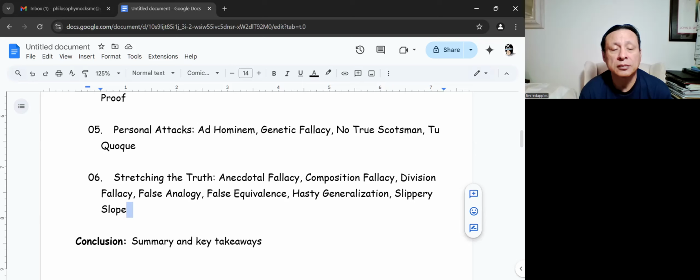False analogy. Let me say something about false analogy. People tend to think that analogies are arguments. They're not. There's such a thing as arguing by analogy, but analogies are not arguments. They are not evidence for anything. An analogy is just your way of stating something that you probably cannot state without the analogy.